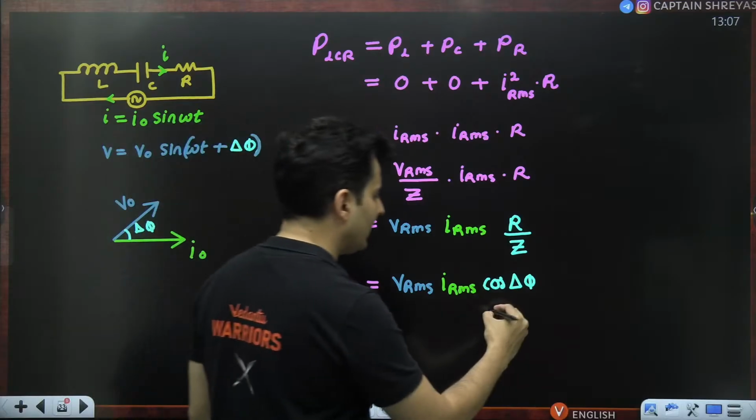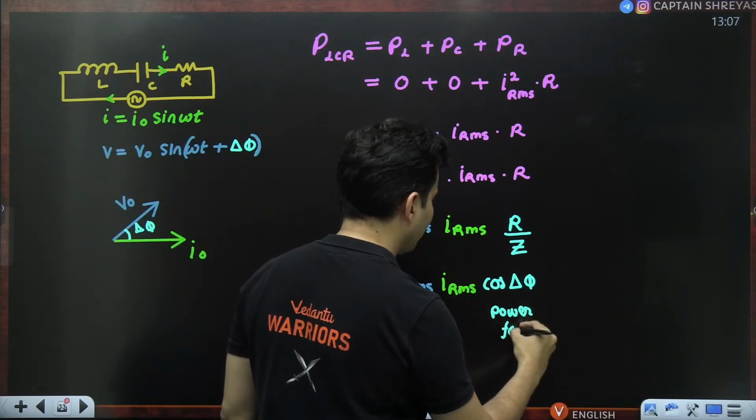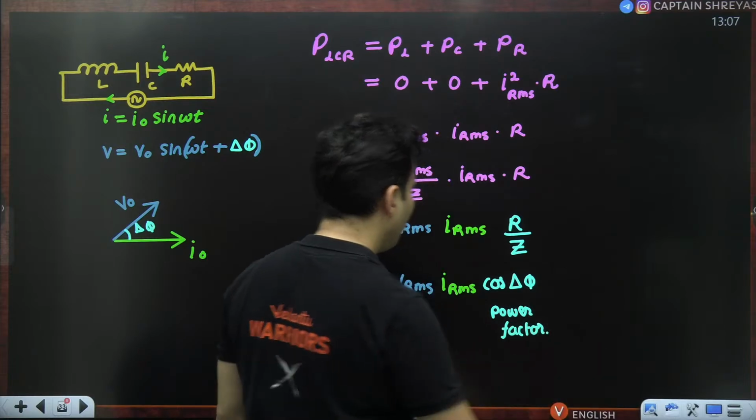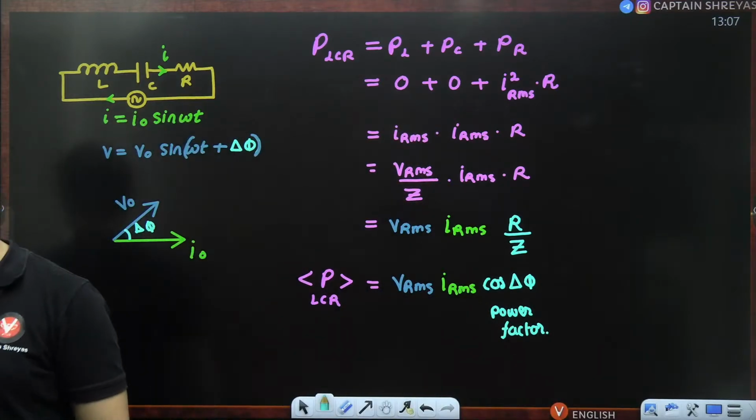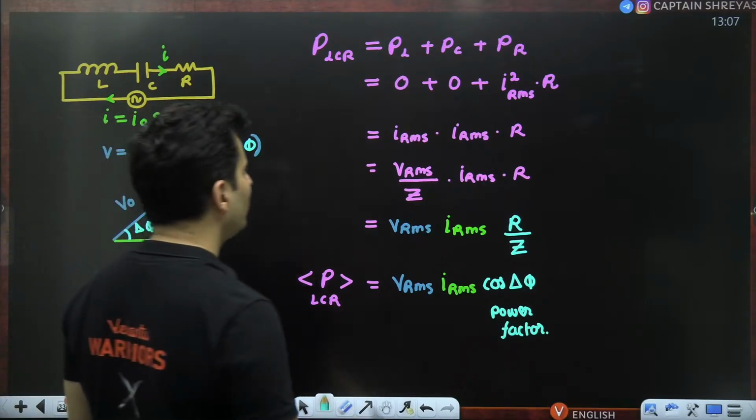This cos of delta phi is called the power factor. Very, very important. What is it called? It is called the power factor. So you have two formulas now.